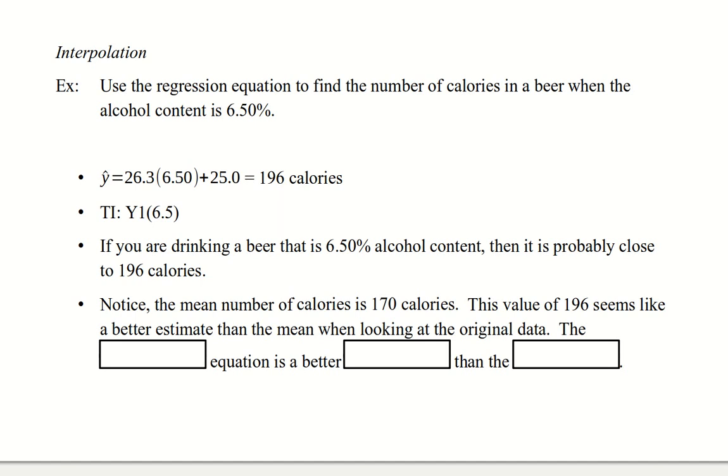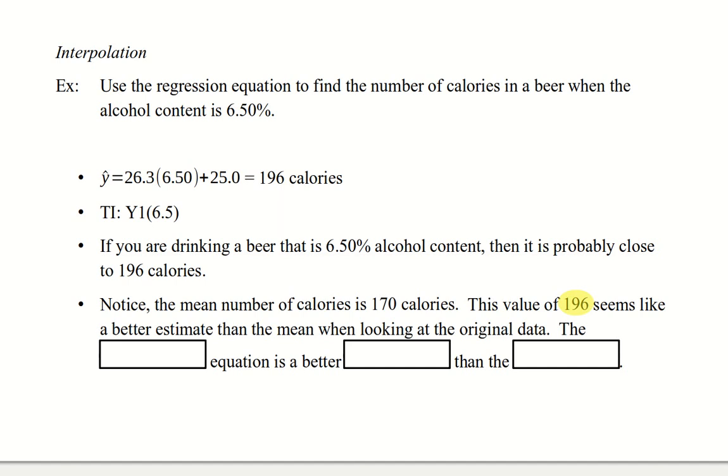And we noticed very clearly that as the alcohol content increased, so did the number of calories. So it would definitely seem like 196 calories is a better estimate than using the mean.